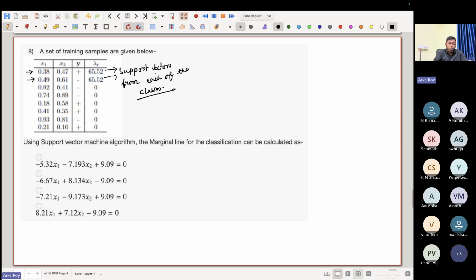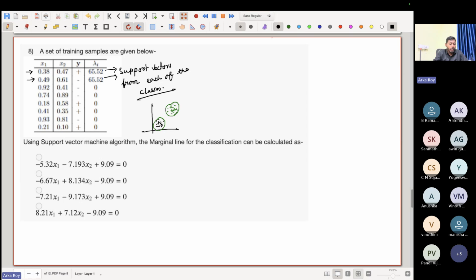And we also know that this SVM tries to generate an equation of a line. Let's say your data set looks like this. In this region for both the classes, you can plot an infinite number of lines, but you need to find the line in SVM which gives the maximum margin.